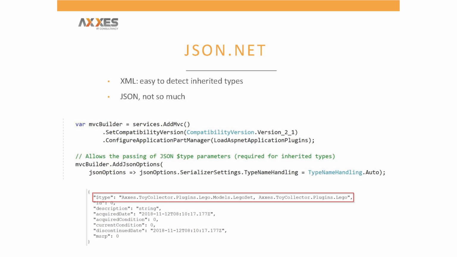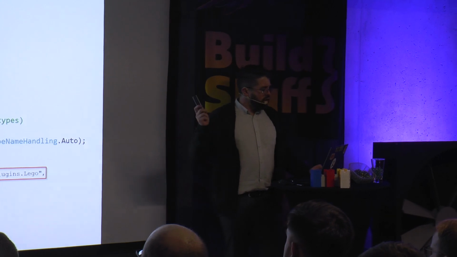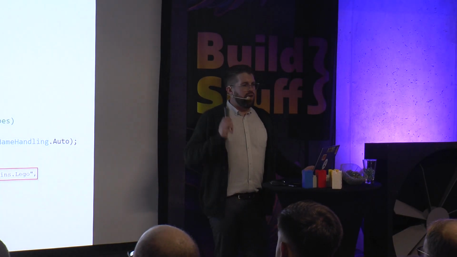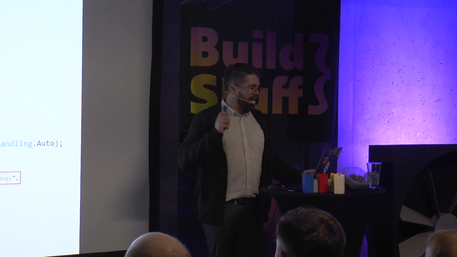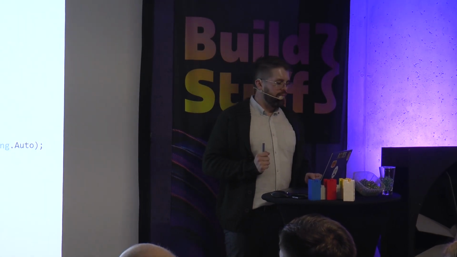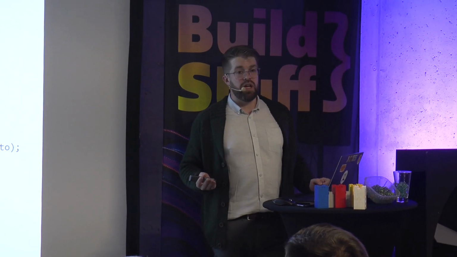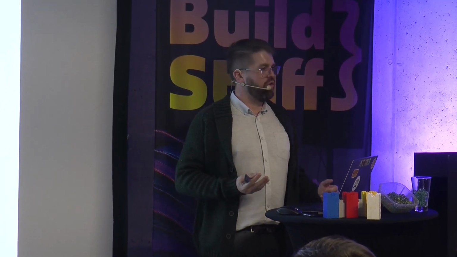And also when I wrote it back when, we wrote some code around it, but JSON.NET now supports this. If you enable type name handling, you can basically pass the type that you're posting in a $type property on your JSON object, and then your deserializer will know what to do.